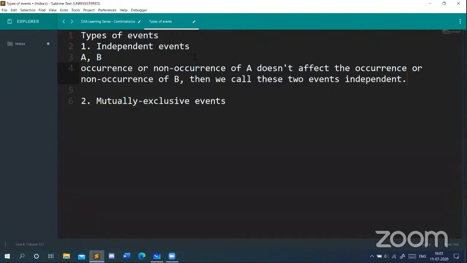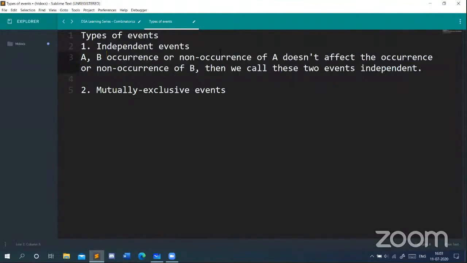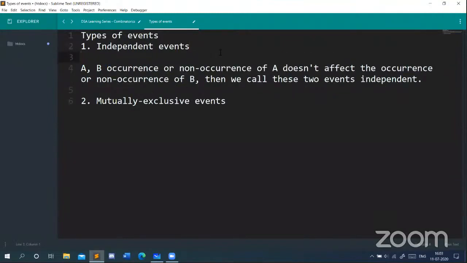Right. So if I have two events, A and B, and if the occurrence of A does not affect the occurrence or non-occurrence of B, and the occurrence or non-occurrence of B does not affect the occurrence or non-occurrence of A, then we call these two events independent.